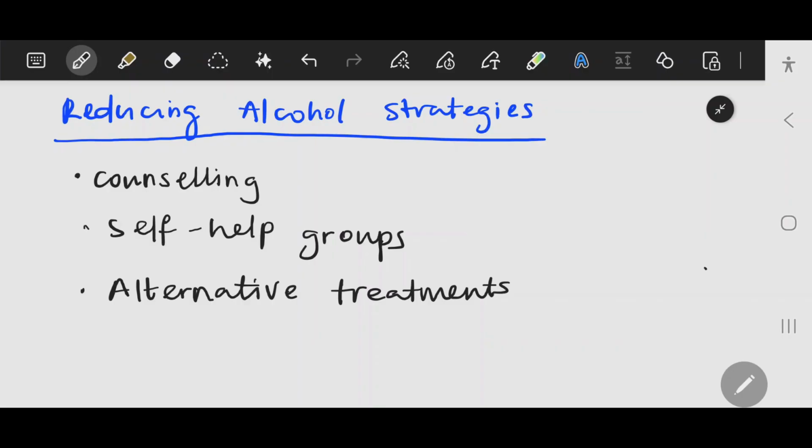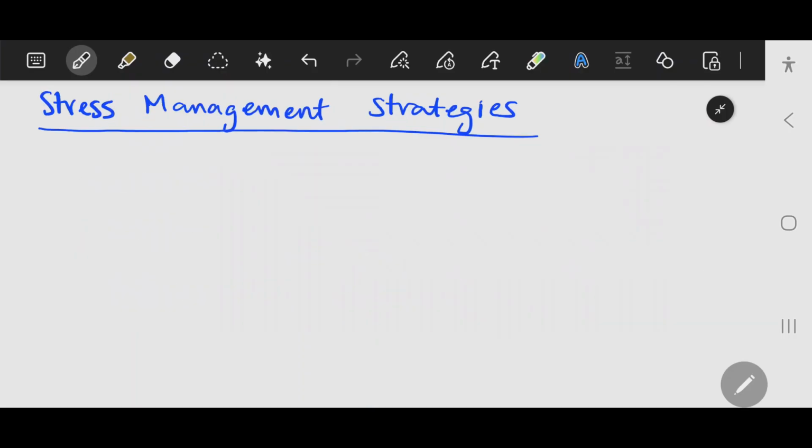So similarly, for reducing alcohol, these are some strategies that you can refer your client to. So it could be counseling, self-help groups, or alternative treatments. And lastly, to address stress, these are some stress management strategies that you can refer your client to.